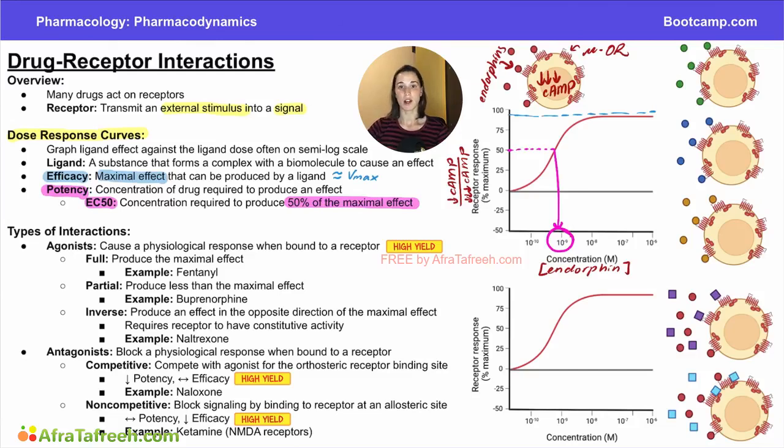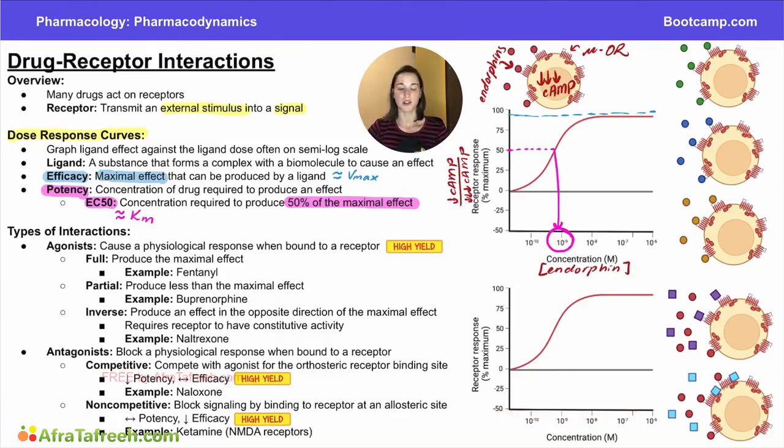This is very similar to the concept of the Michaelis-Menten constant, or the Km, that we talked about for enzyme kinetics. Aside from each drug being able to be characterized by its efficacy and its potency, there are also different kinds of interactions that can occur between the drug and the receptor. And looking at the dose-response curve is a great way to identify that mechanism.